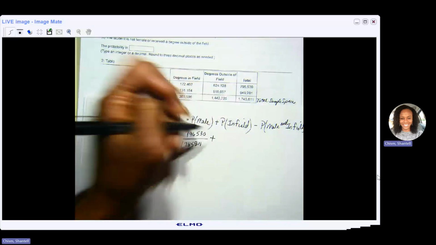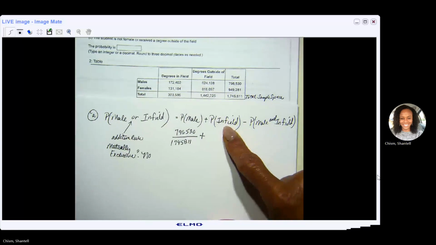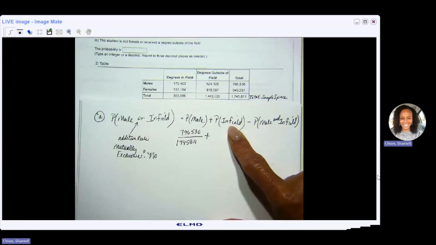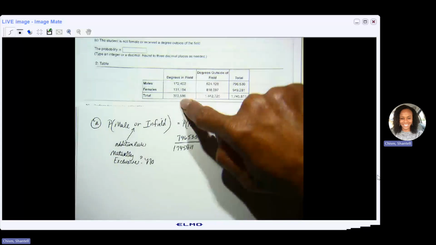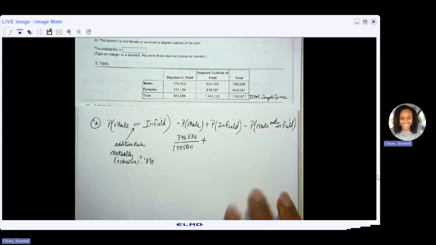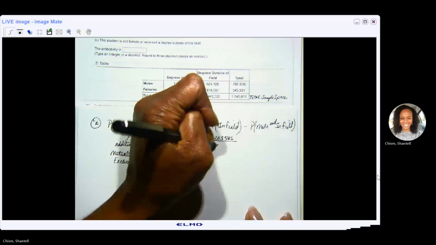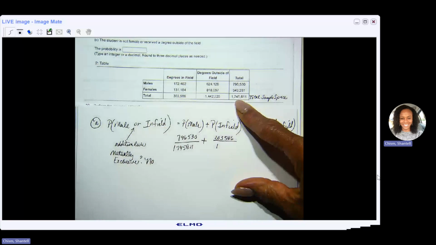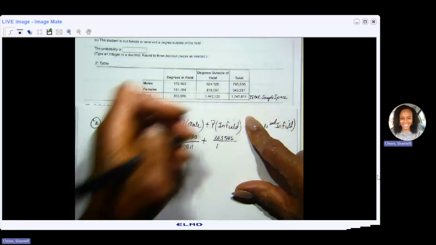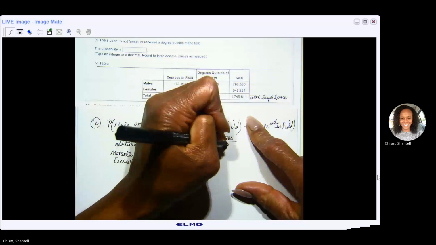Then we're going to say plus the probability of selecting a student who earned a degree in field. That would be this total amount right here, regardless of gender. That is 303,586 out of that same sample space, 1,745,811.